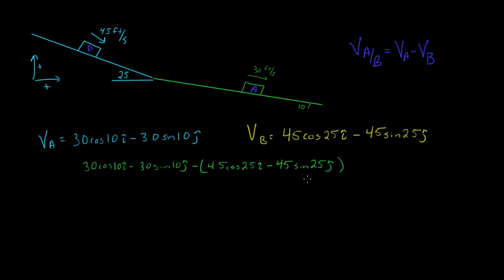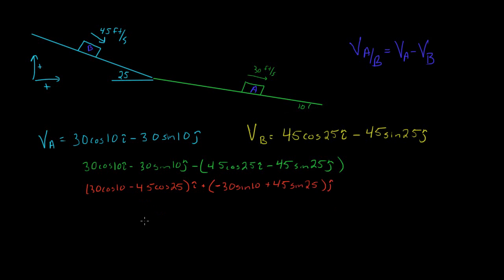And what we do now is we combine like components, so we have 30 cos of 10 minus 45 cos of 25 i, and plus, the negative signs will take care of themselves, minus 30 sine 10 plus 45 sine of 25, and this is the j component.